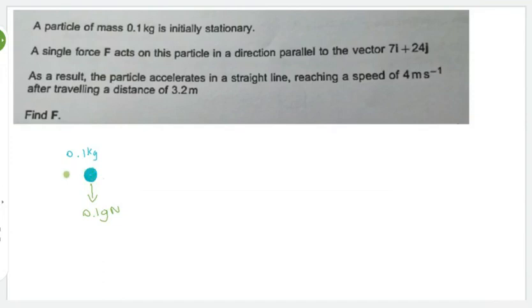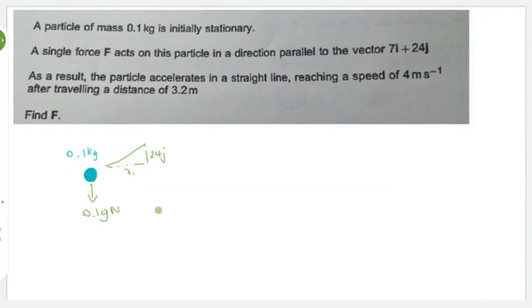You've also got the force F acting on it, going 7i in this direction, so 7 newtons. Or actually, no, we don't even know the size of the force. We just know that there's a force acting in a certain direction, 7i plus 24j. Okay.